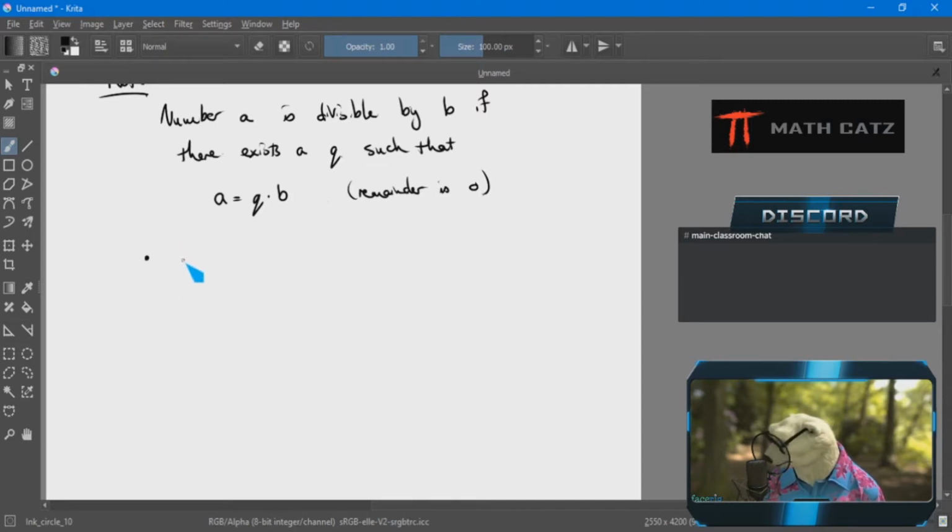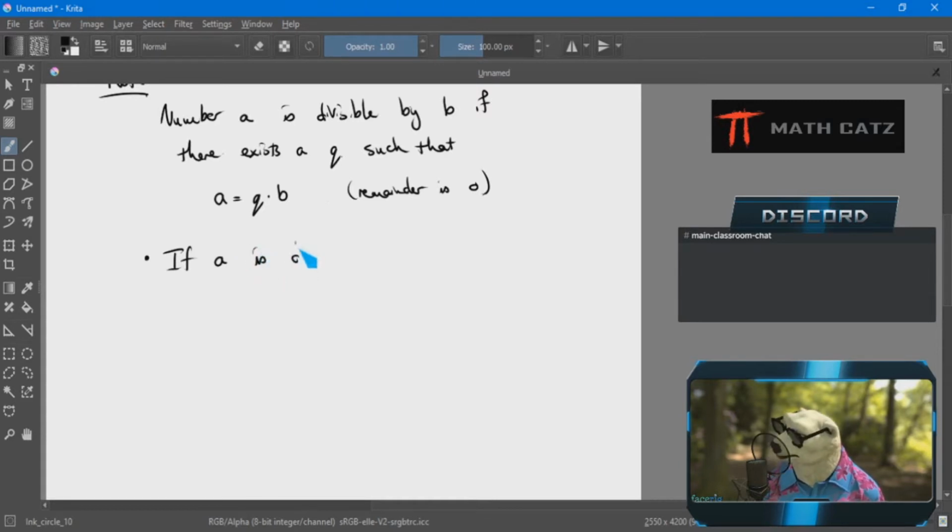So, divisibility, right? Let me say it in words maybe first. If I have some number, I'm making general statements. I can't look at a specific example necessarily, but afterwards we can.